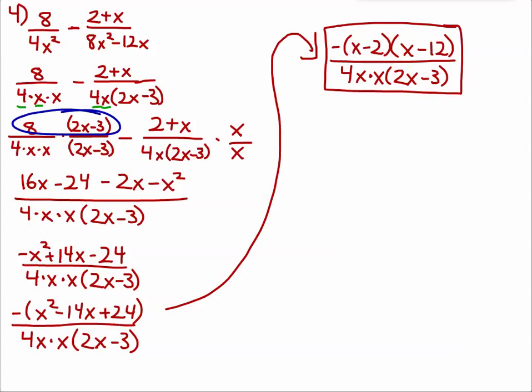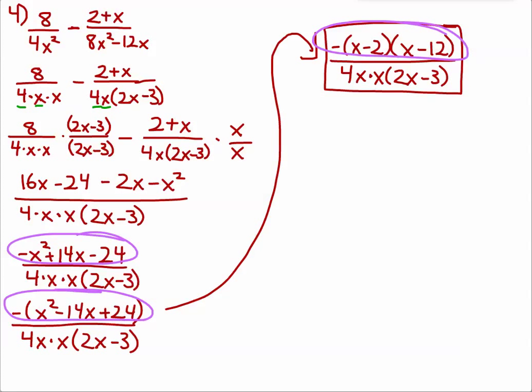All right, good stuff is about to happen. You've got this massive numerator over this new common denominator. Reorder it with the x squareds in front. Then I factored out the negative sign. And then I factored it again over here on the right because I ran out of room on the left.